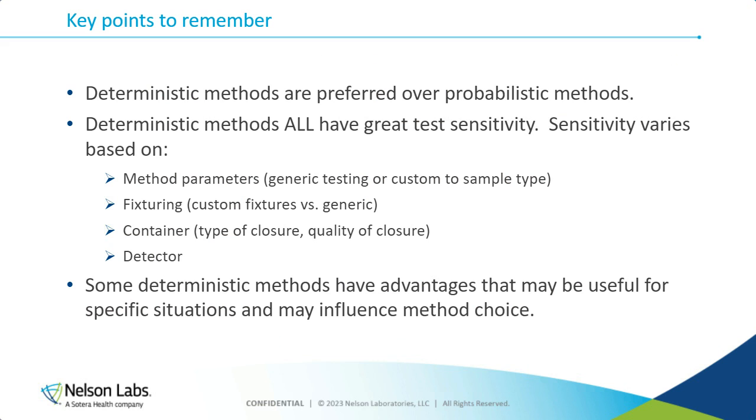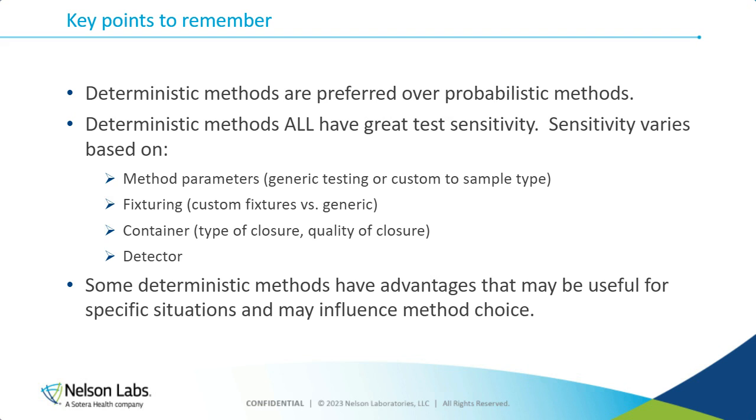I think we've gone through quite a bit of reasons why. And then when we're looking at those deterministic methods, trying to figure out which one is the best, they all have great test sensitivity. And the sensitivity for your method, and the reason why I said they were less than 10, is because it's going to vary on primarily these 4 factors. So the first one is method parameters.